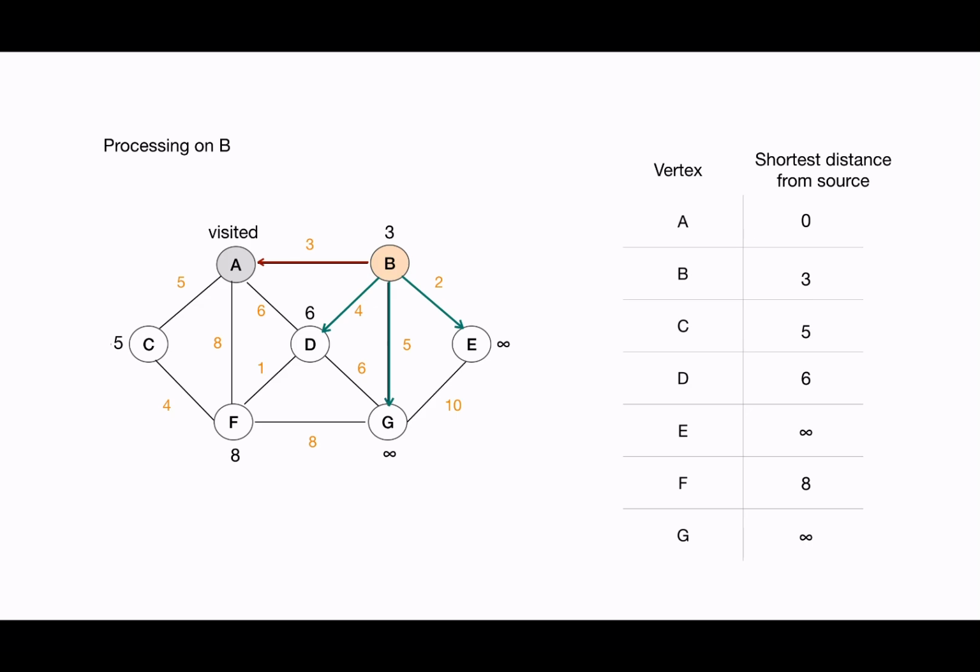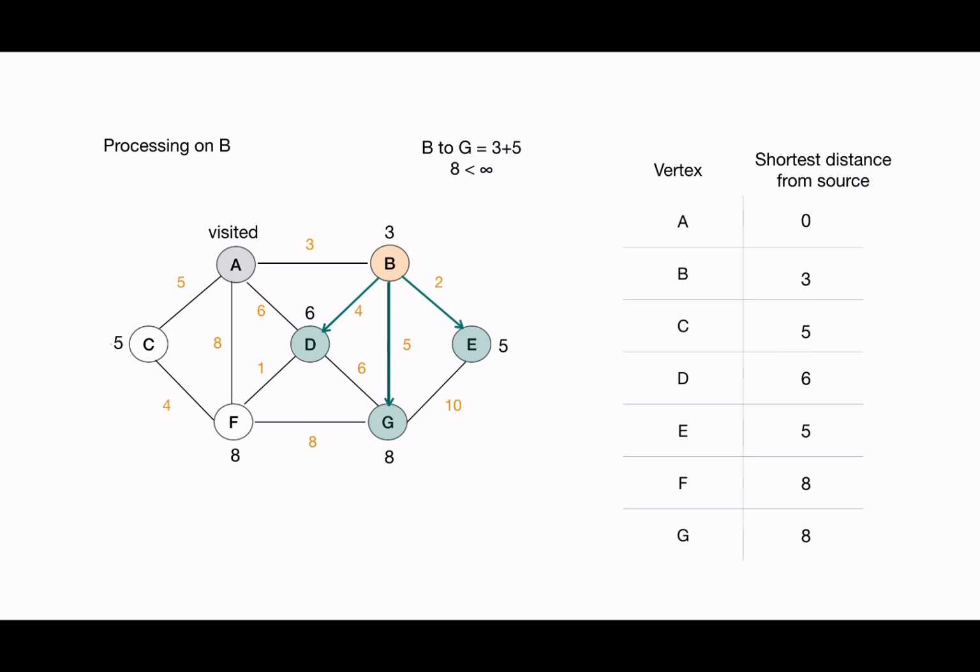Now we're going to look at E. If we choose B to get to E, the distance will be 3 plus 2, which is less than infinity, so we will update 5. Next is G, which is less than infinity. Here we have 5 distance and the upper bound is 3, so the distance becomes 8. So let's update it here.